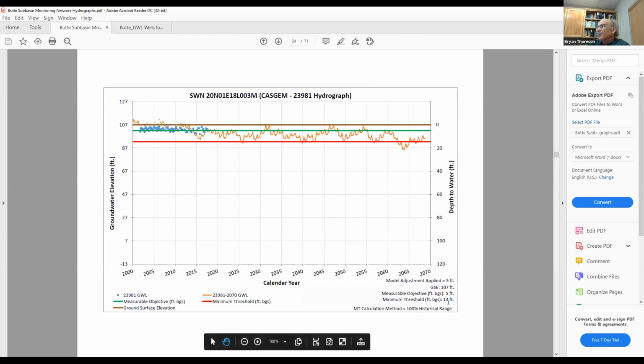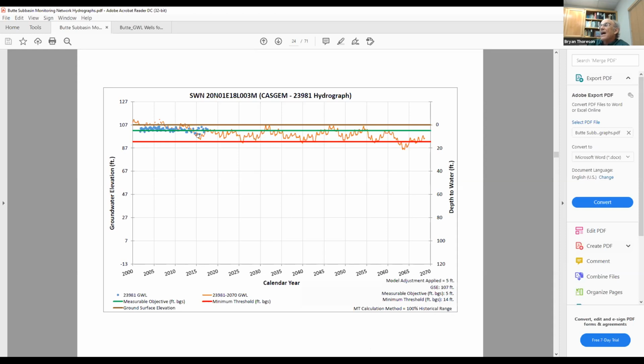It has the minimum threshold of 14 feet. Yes, correct. Based on the criteria, in this one, it's 100% of the historical range. So basically, we look at the deepest level measurement and the shallowest level measurement and the difference between them.